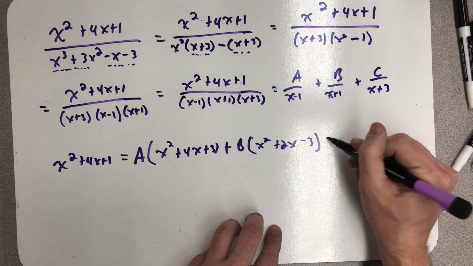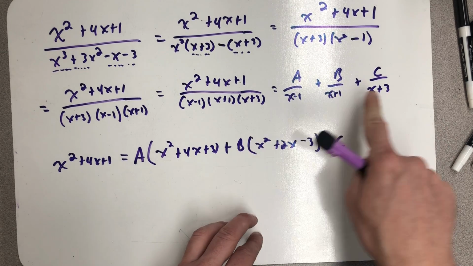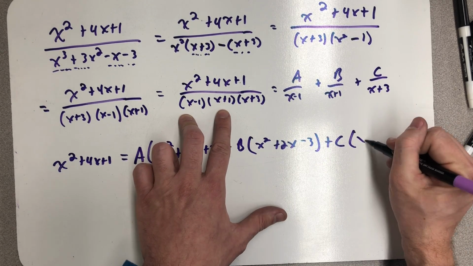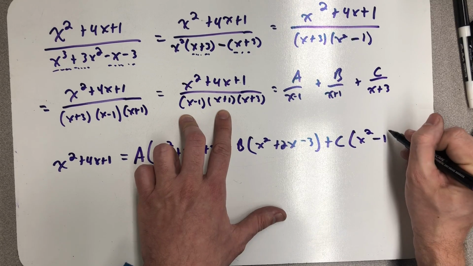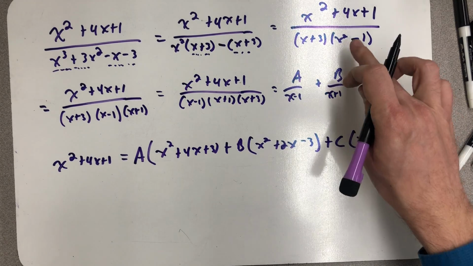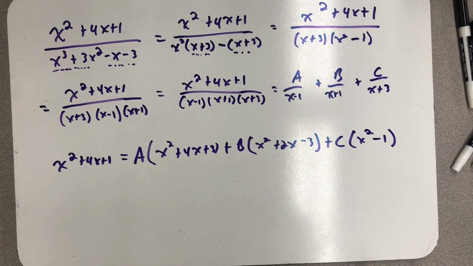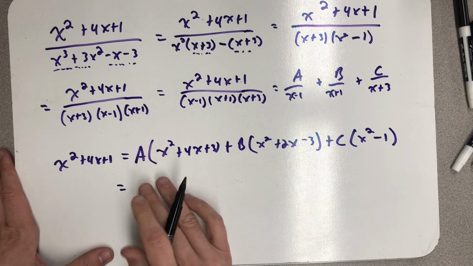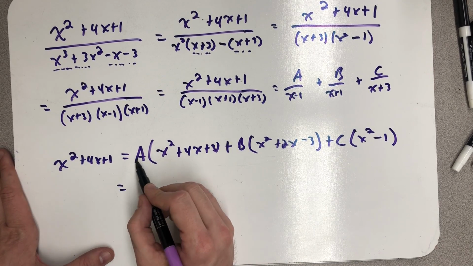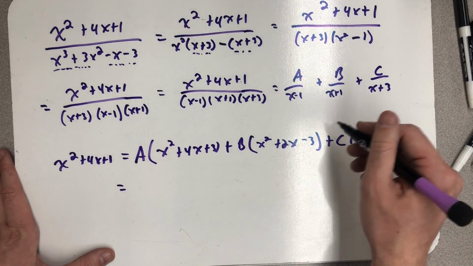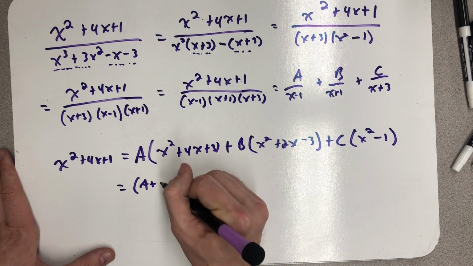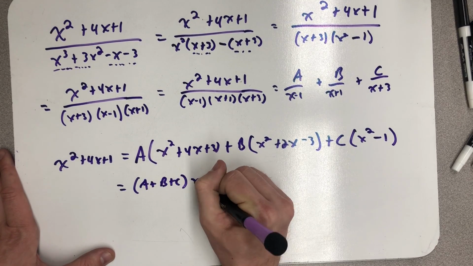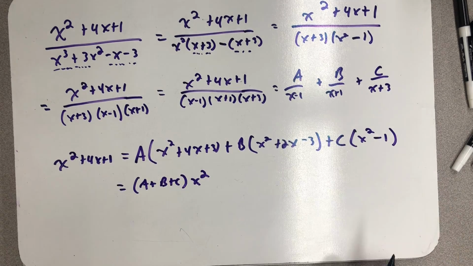And then finally plus C, and the x plus 3's cancel, and I'll be left with what I know was originally an x squared minus 1. That actually shows up in my factoring there, so I don't have to think too hard, and even if I did, multiplying those two together is pretty easy. So finally, let's get the things with the x squareds together. I'd have an Ax squared plus a Bx squared plus a Cx squared, so A plus B plus C all times x squared, thinking about factoring.